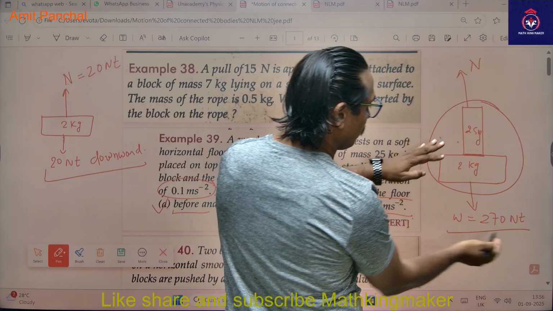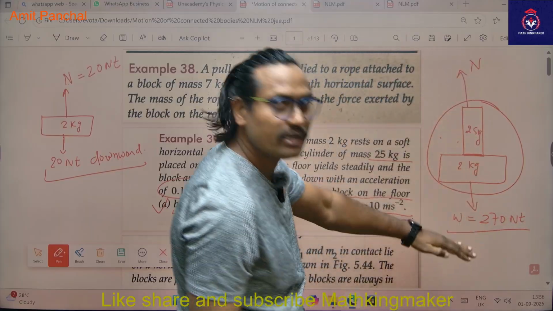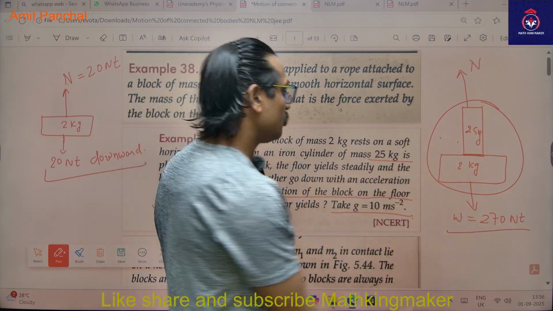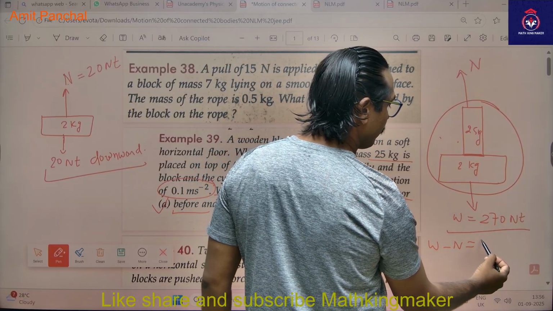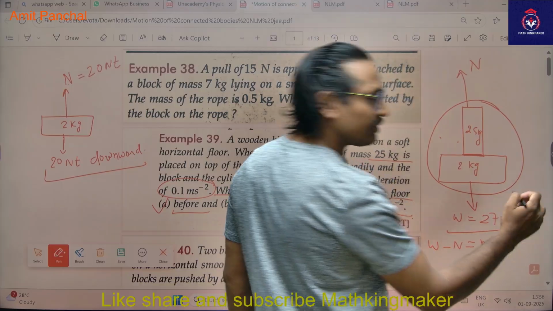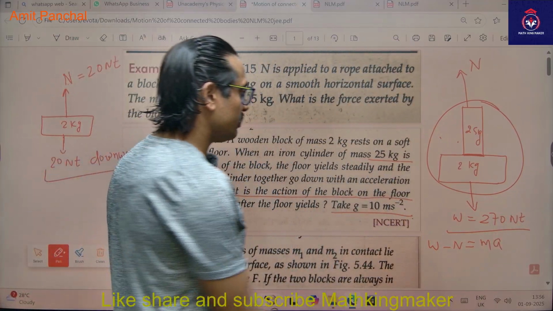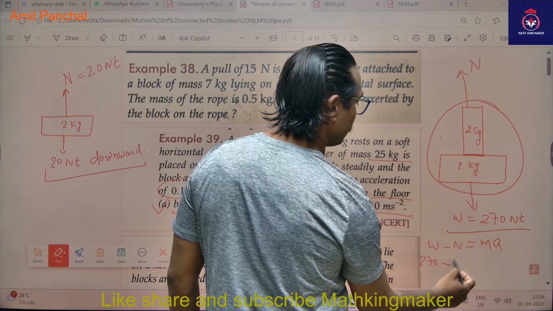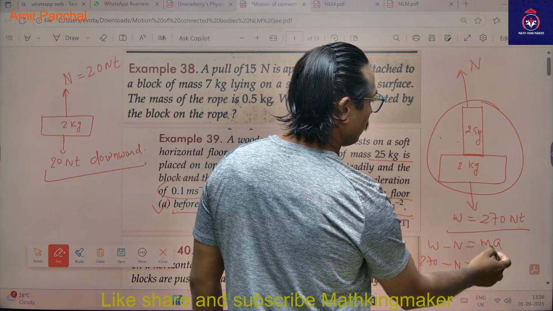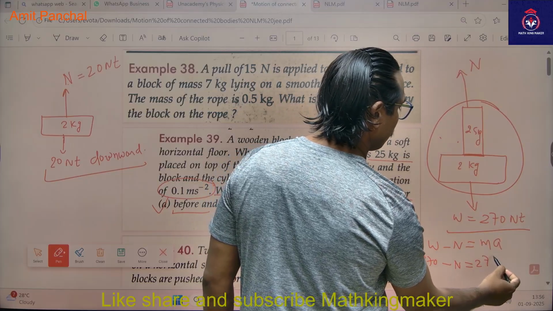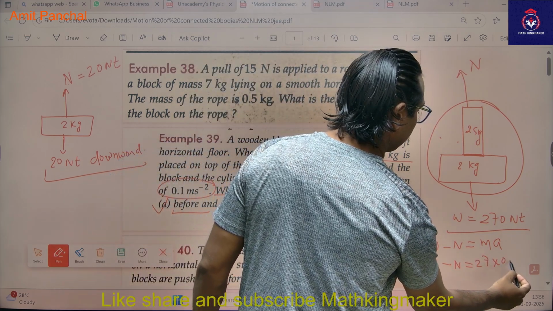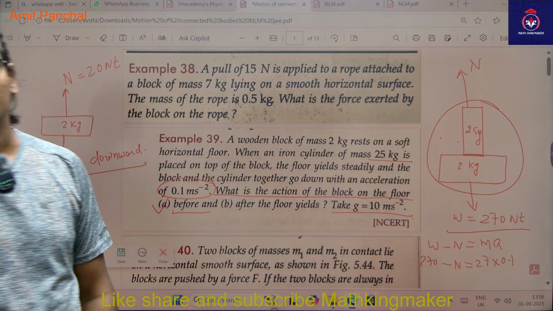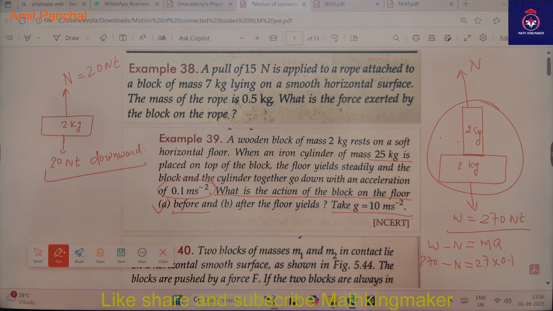Because your weight is more, that's why it is going down. So that time W minus N will be equal to MA. What is W? W is 270 minus your normal force will be equal to, what is M? M is 27 and A is 0.1. So if you find N, N will be 267.3 Newton.